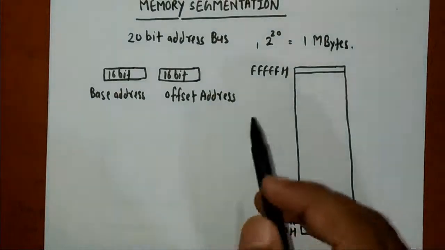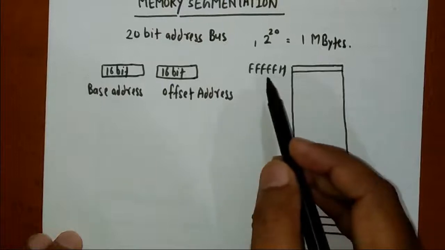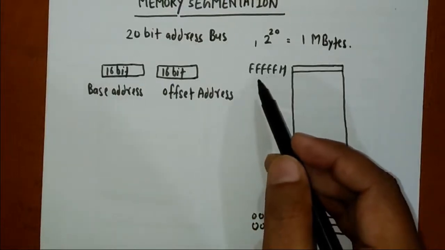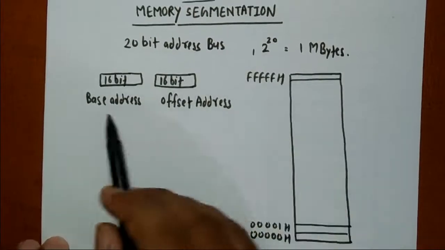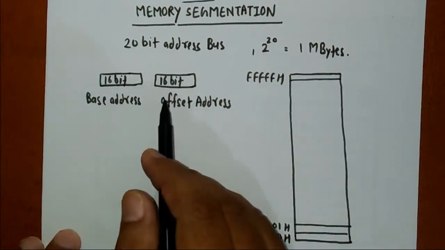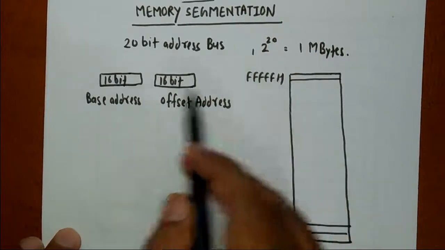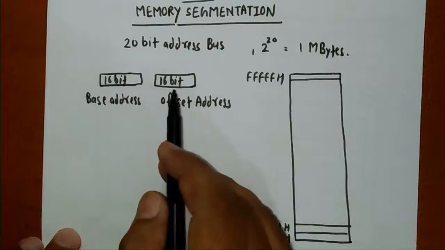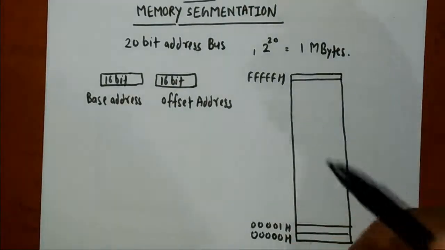Now you can see that instead of using a 20-bit register to hold the address of any memory location, in the 8086 microprocessor system two registers are used and both are 16-bit. So what we achieved here is that we are representing a 20-bit address using only 16-bit registers. You may think of this as an advantage.